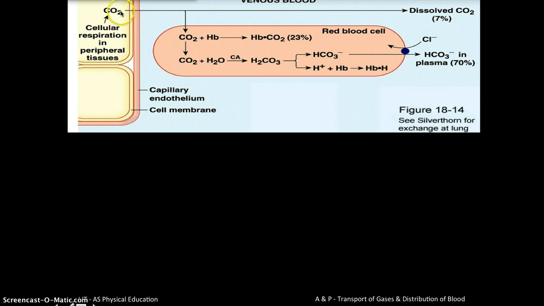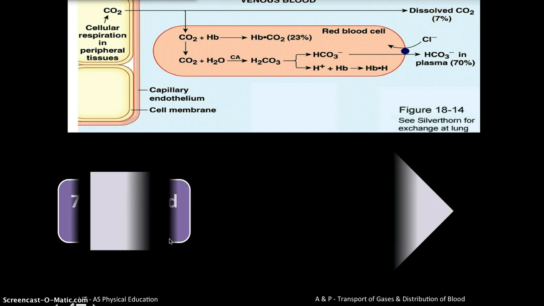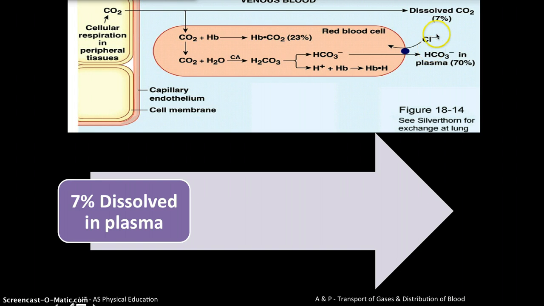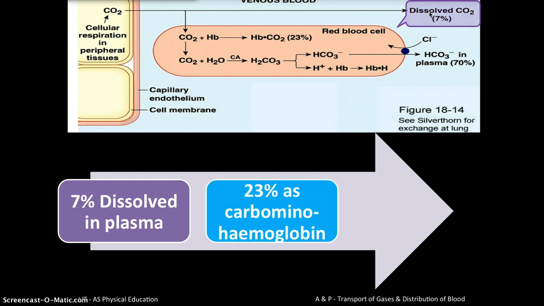So the first way we transport carbon dioxide is dissolved in the plasma. So here's our 7%. So it's made by our cells during respiration, and 7% of that carbon dioxide just dissolves in the plasma and stays there. That's the first way, 7%. The second way is 23% combines with hemoglobin.